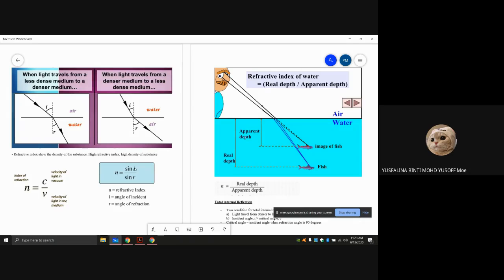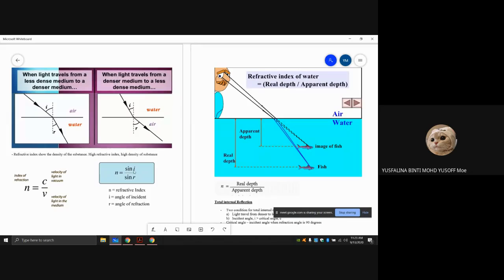Remember, i must always come from the air. Even if, in this example, the incident angle is actually in the water, you have to take the angle in the air as i. So the r here will be the value of i here, because i must always come from the air.